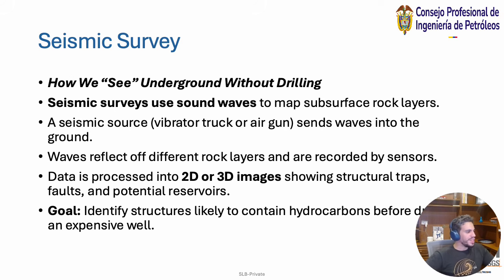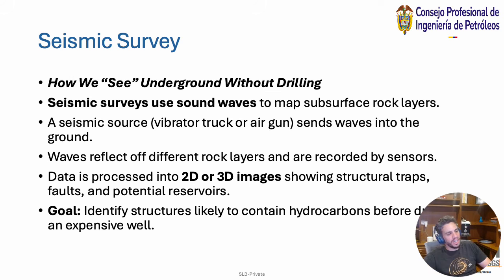They have big air guns, and they can do this on land or even at sea with big boats that do the same thing. There's a receiver attached, and they shoot these waves into the ground and measure how long it takes for them to come back.